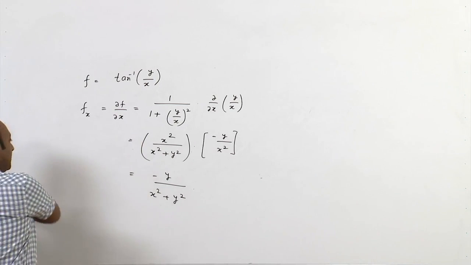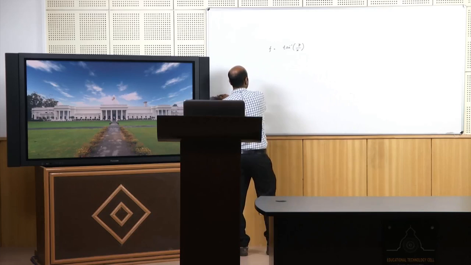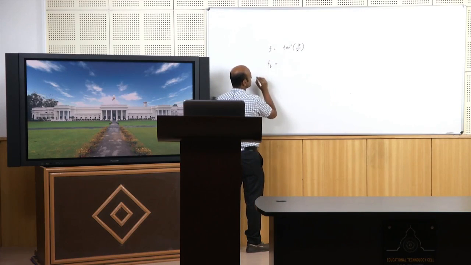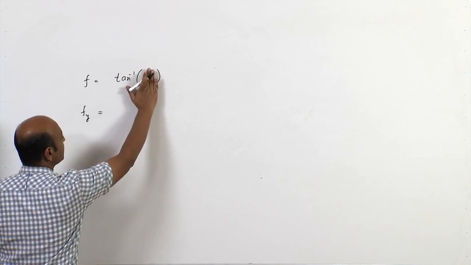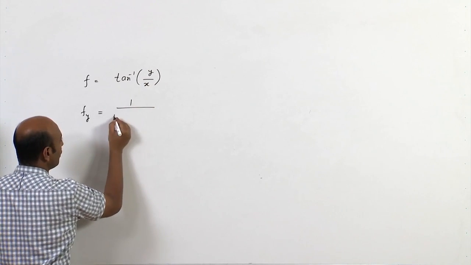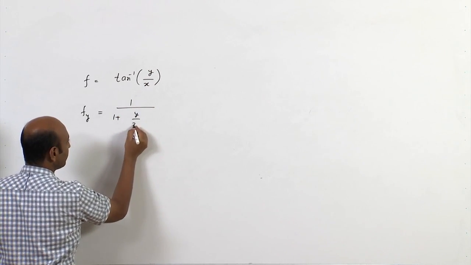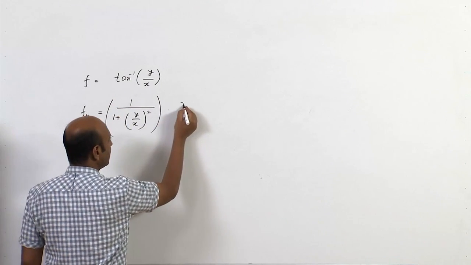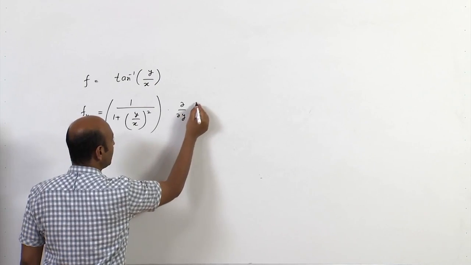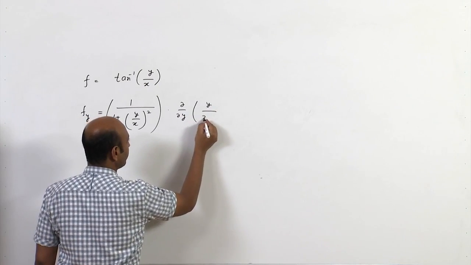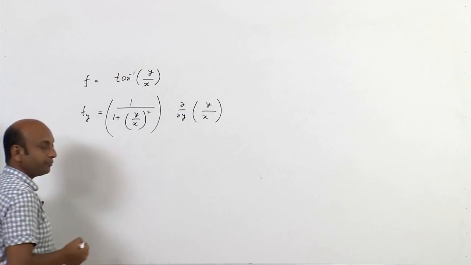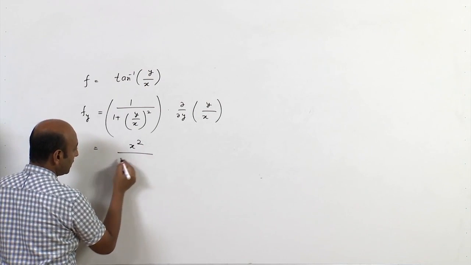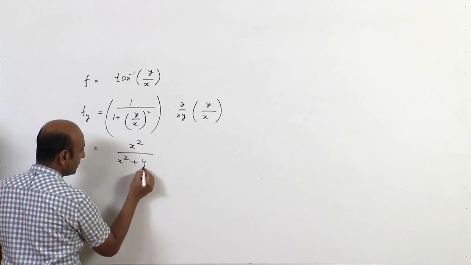Now, del f upon del y is fy, which is equal to, again tan inverse t, it is 1 upon 1 plus t square, and then del by del y of t again. And it is equal to x square upon x square plus y square.